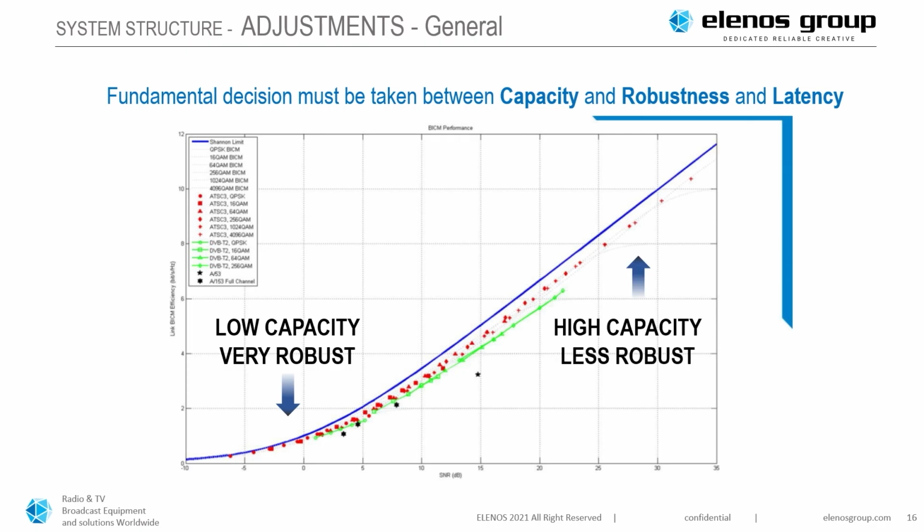Or is it somebody who's watching a huge TV in their living room and they have an antenna on the roof, and that would be a high capacity but less robust signal. And of course, in the middle is where we are today. ATSC 1 is just below the actual maximum capacity line. So the decision as a broadcaster: who's my customer and what kind of signal do I need to transmit?